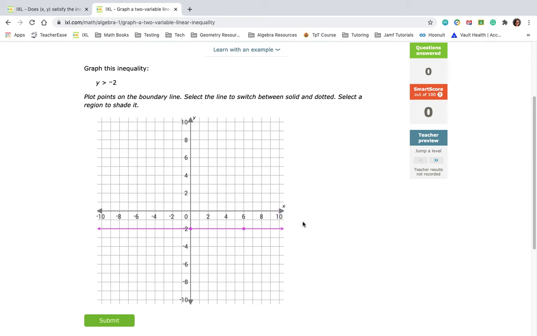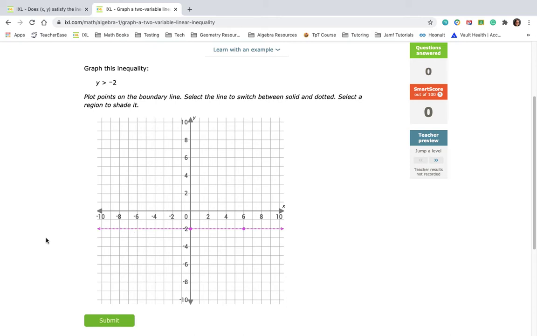Now, if we think about when we graphed inequalities back on number lines, whenever it was the greater than without the or equal to, you had an open circle. So there's a special case for this here too. Since it's just y is greater than -2, I'm going to click on this line to turn it into a dashed line.